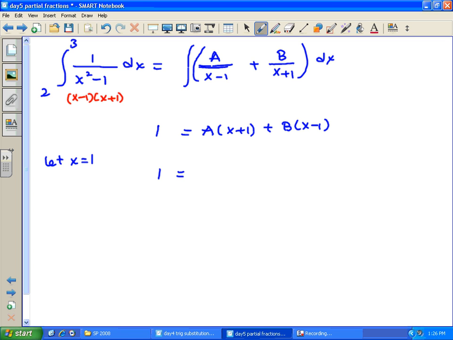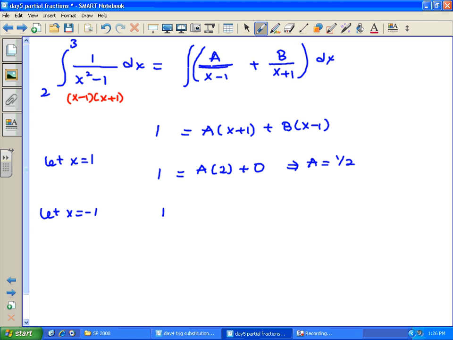On the right-hand side, we have a times 1 plus 1, or 2, plus 0. So what is a? One half. Then let x be equal to negative 1.